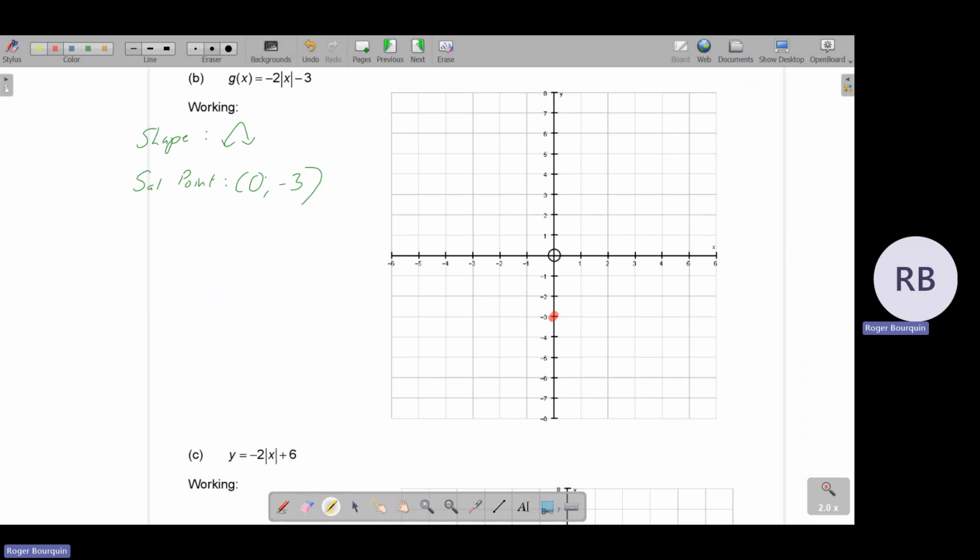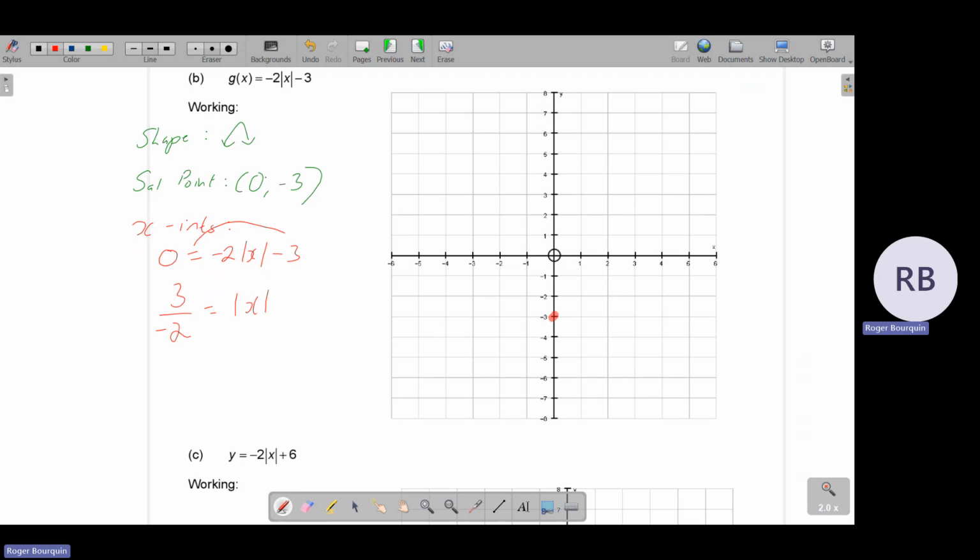No, but let's just say you forgot to do that. This is what would happen. So you say, I'm going to go find my x-intercepts. So I let y be equal to 0, and I get 3 over -2, because I just took that across and then divided by -2.